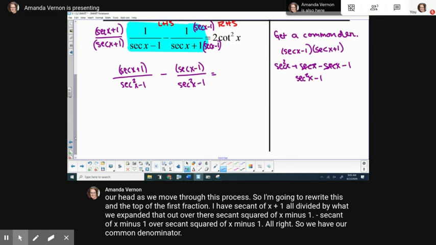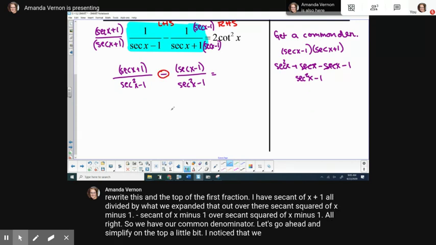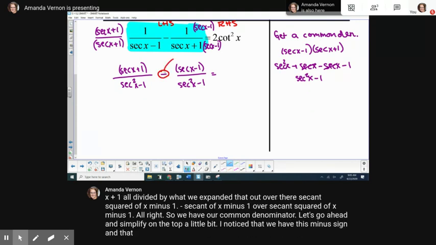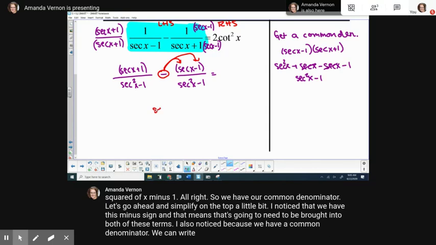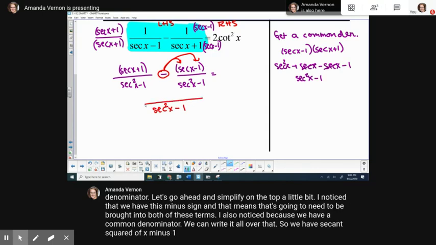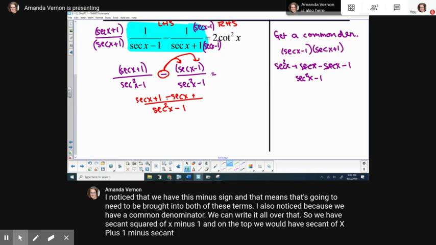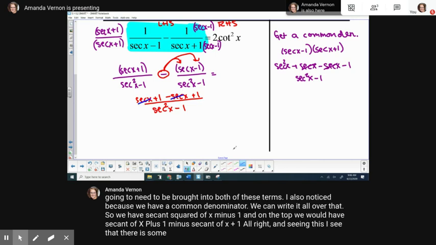Let's go ahead and simplify on the top a little bit. I noticed that we have this minus sign, and that means that's going to need to be brought into both of these terms. I also noticed because we have a common denominator, we can write it all over that. So we have secant squared of x minus 1. And on the top, we would have secant of x plus 1 minus secant of x plus 1. All right, and seeing this, I see that there is some simplifying.